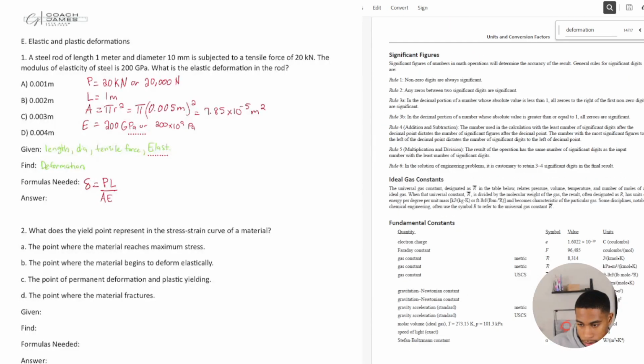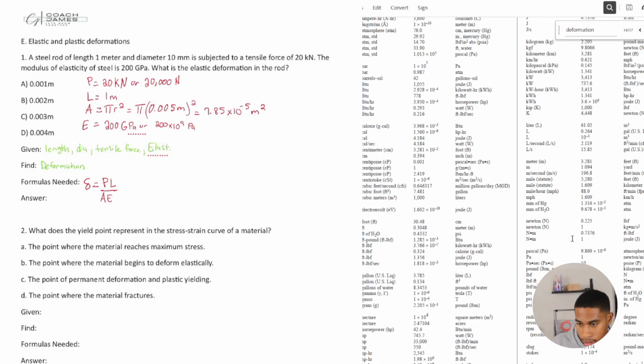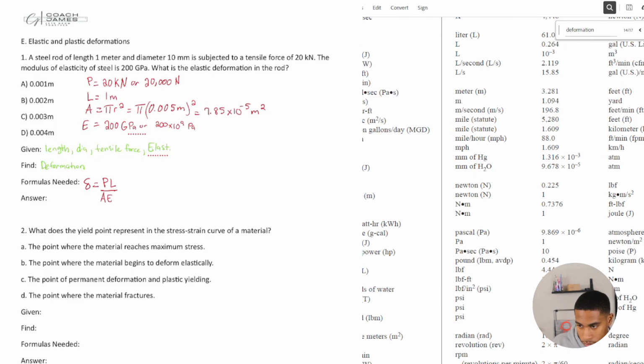So that's where I'm getting this from. Everything's typically coming from this handbook. So I know that 1 Pascal is equal to 1 Newton per meter squared. So I can then write 200 times 10 to the 9th newtons per meter squared.